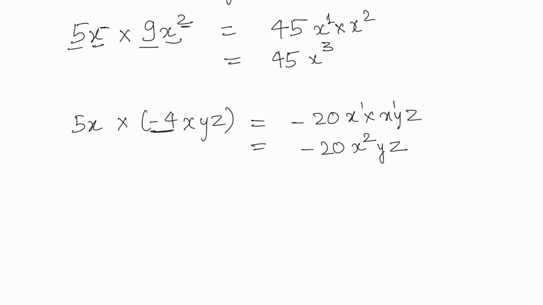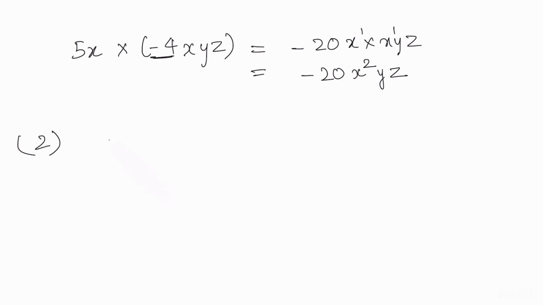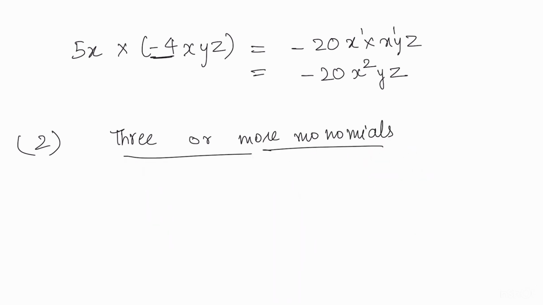Similarly, if you are multiplying three or more monomials, suppose you have 2x into 7y into 5z.